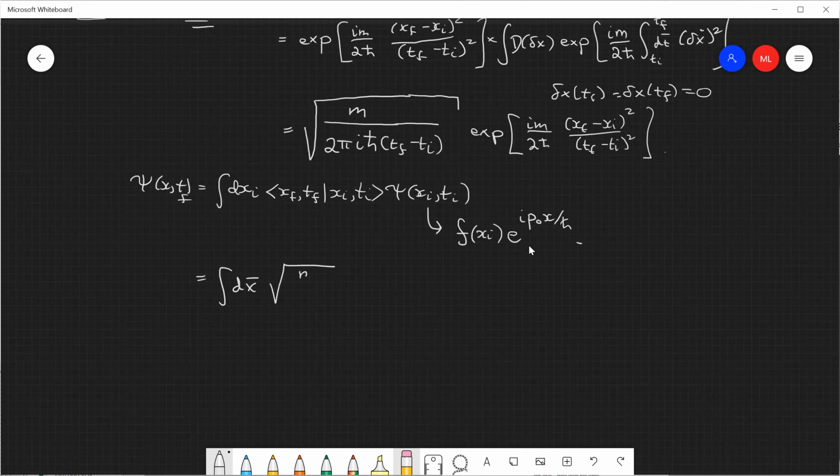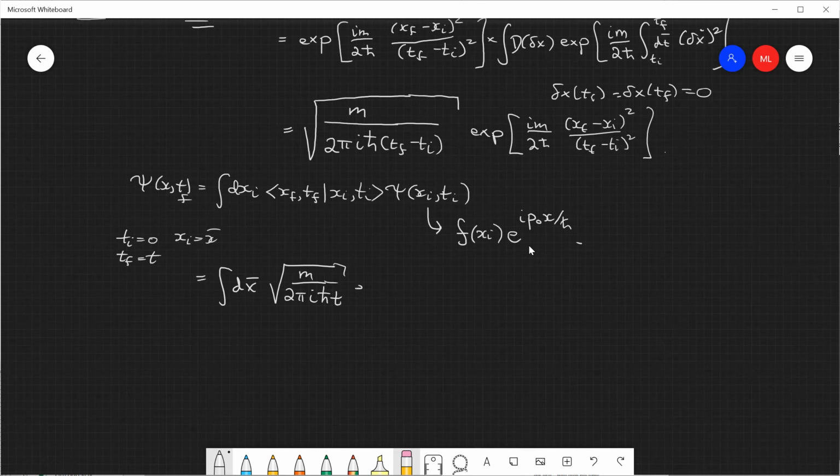So we have m over 2 pi i h bar. And now let me say that t_i is equal to 0, the initial time is 0. And again, we're going to put x_i equal to x bar. And the final time, we'll just say we're looking at time t. So we're just evolving from time 0 to time t, just to make the notation a little bit less annoying.